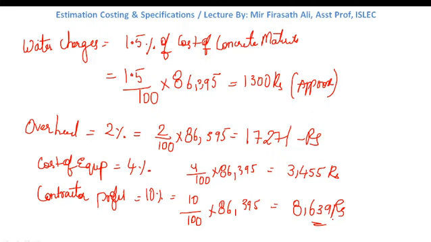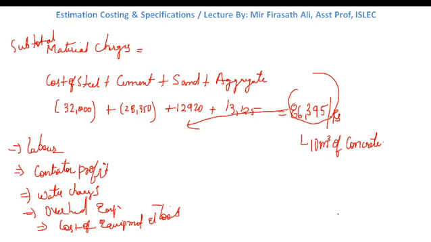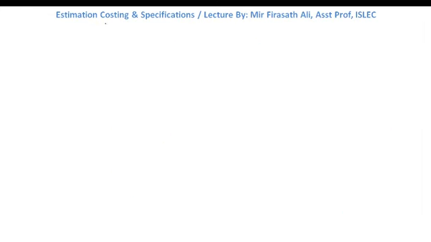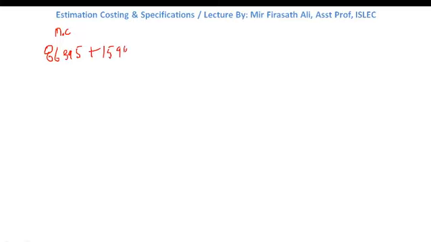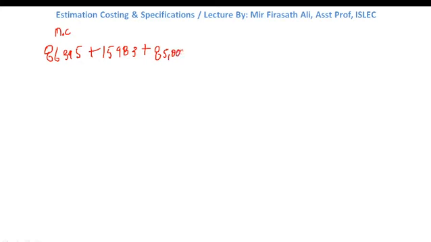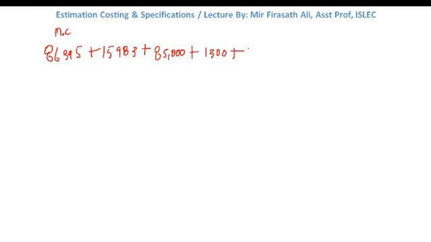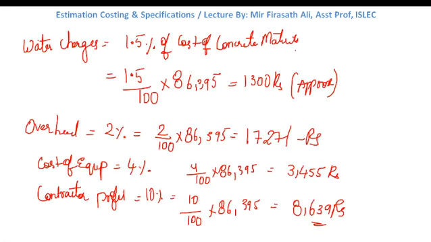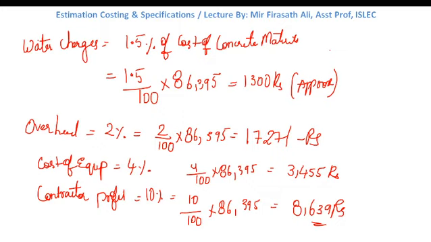If we add all these rates calculated till now: material charges 86,395, plus labor charges 15,983, plus shuttering charges 85,000 rupees, plus water charges 1,300, plus overhead charges 1,727, plus equipment charges 3,455, plus contractor's profit 8,639.